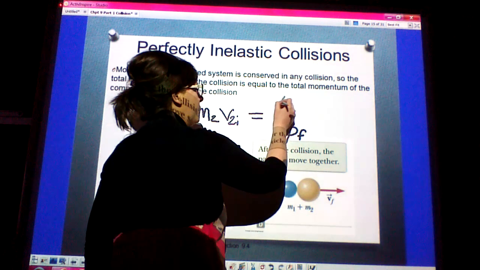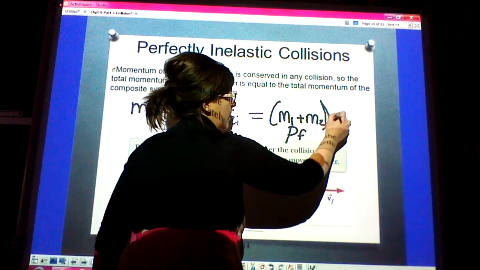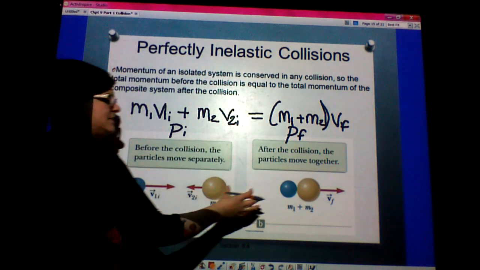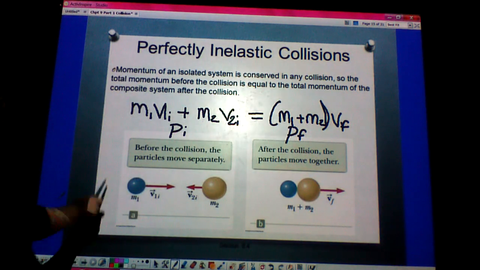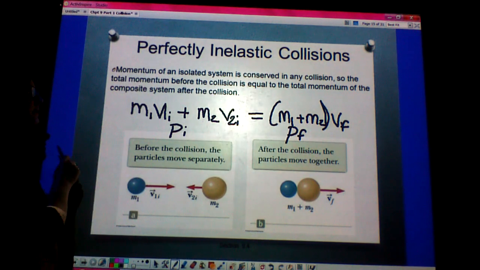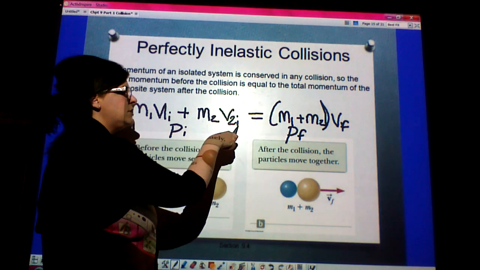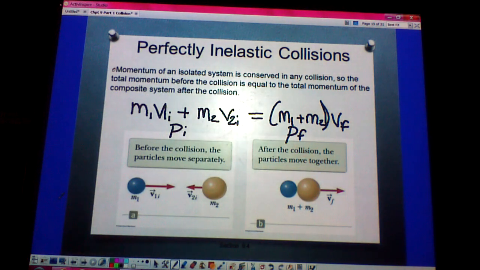The final momentum is both masses added together times the final velocity, because both masses are stuck together and move with the same velocity. So for a perfectly inelastic collision, m1 v1 initial plus m2 v2 initial equals the combined masses times their final velocity.